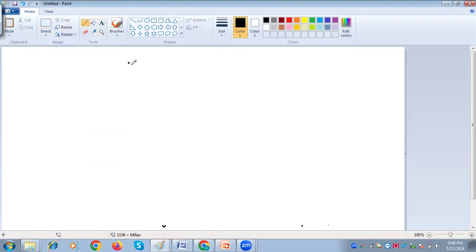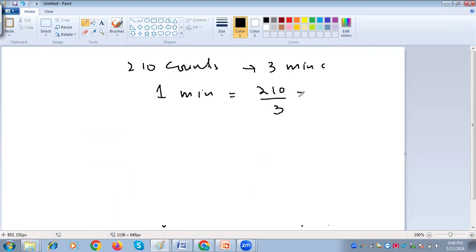So 200 counts in 3 minutes, how many counts in 1 minute? It will be 210 divided by 3, so that is 70 counts. And this includes background counts also.